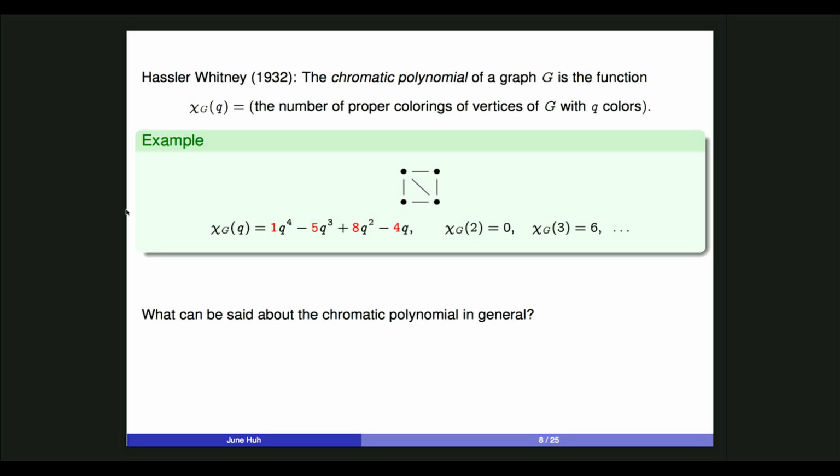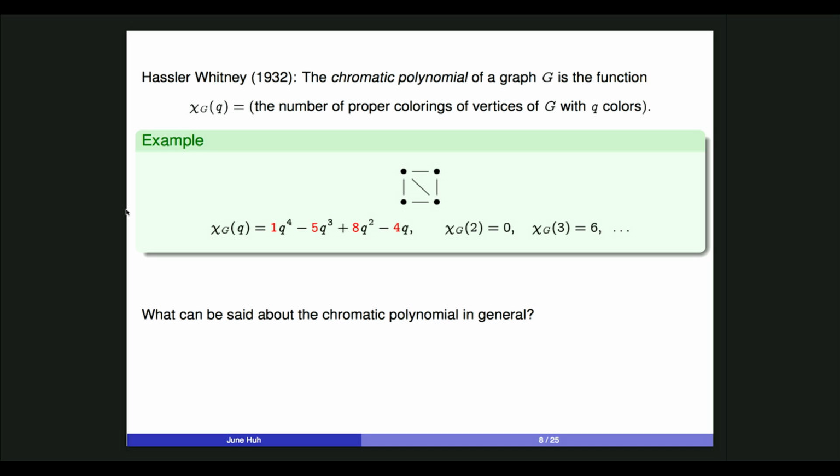For example, if your graph is this graph with 4 vertices and 5 edges, it turns out that your function is in fact a polynomial in q. So if you want to know in how many different ways you can color your graph using 2 colors, all you have to do is plug in q equals 2 to your polynomial, which happens to be a root of your polynomial.